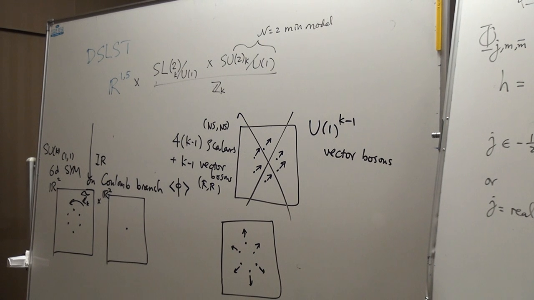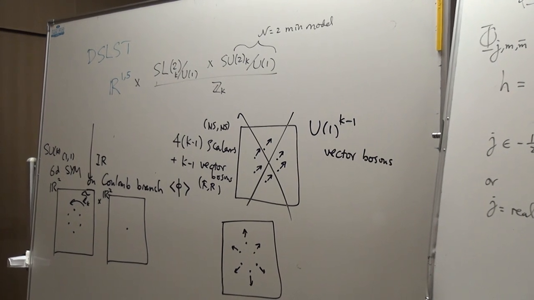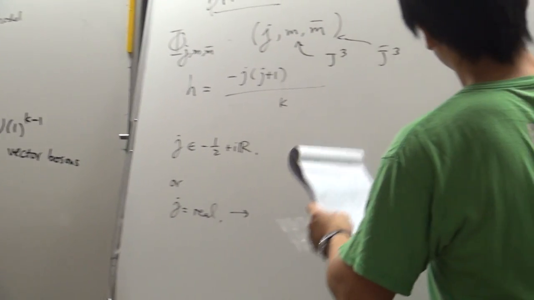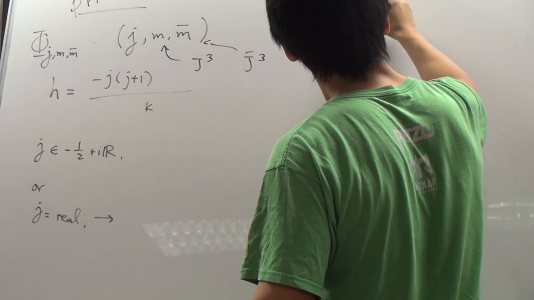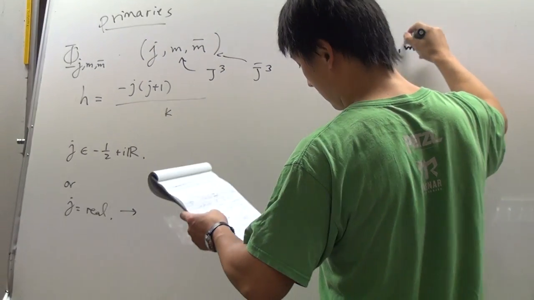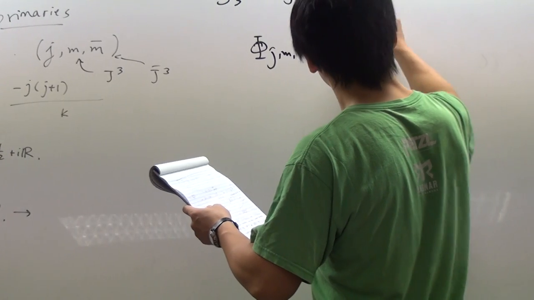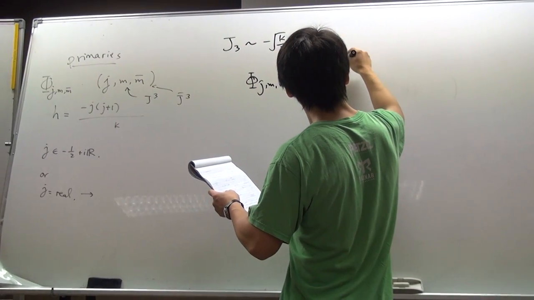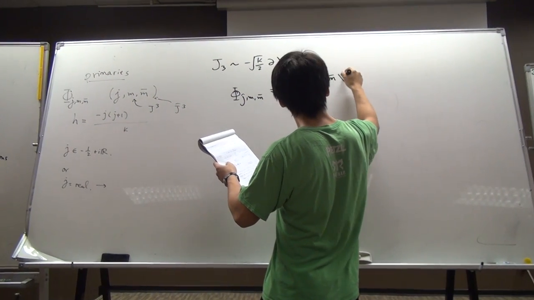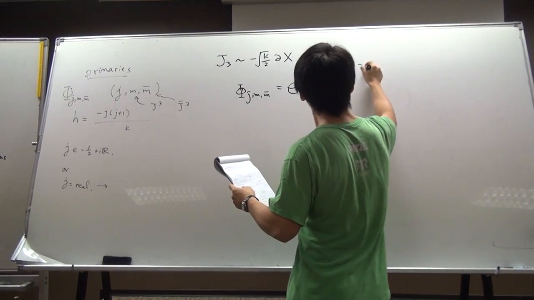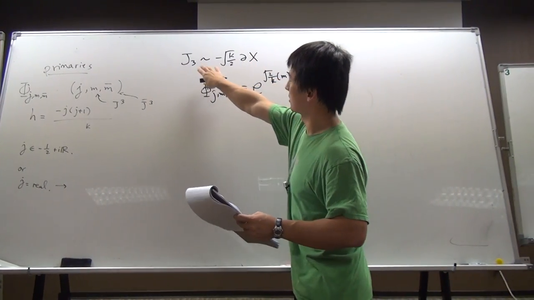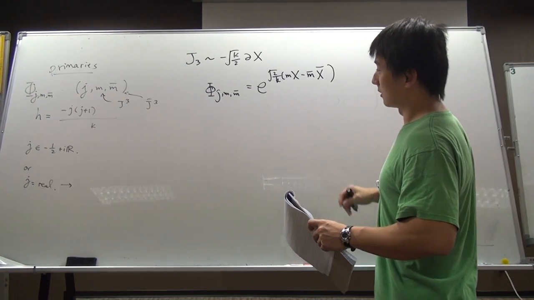The J3 can be bosonized, with J3 equal to minus some factor squared over 2 times partial x. And then you can write this phi_{j,m,m bar} as e to the square root of 2 over k, (m x minus m bar x bar). So there's a kind of chiral boson coming from bosonization of the left J3 current of SL(2).